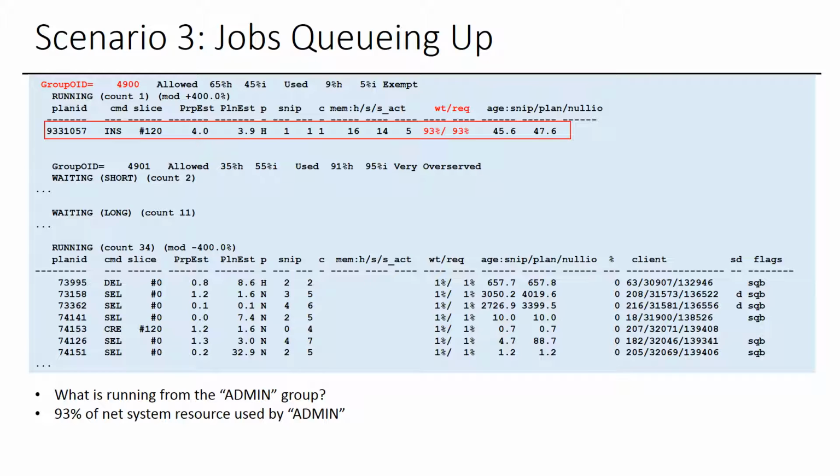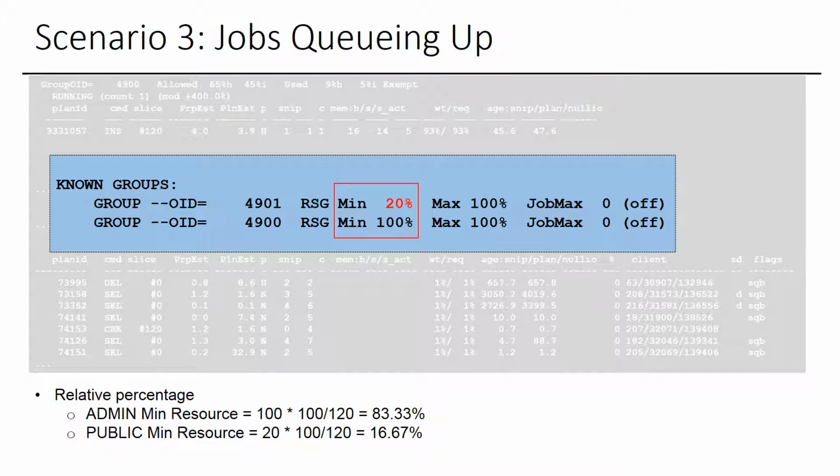As you know, the admin resource group is a special group and hence none of the scheduler restrictions apply to this group. Moreover, the admin resource group will always get at least 50% of the resource of the system. Remember, this system is using the default configuration for resource groups. The min and max resource allocation are a relative percentage to all groups defined on the system.